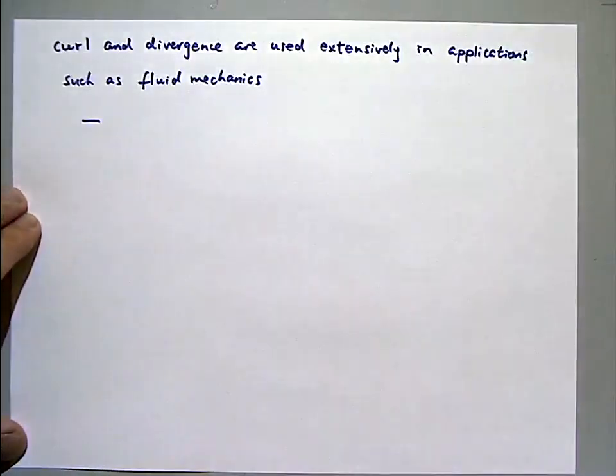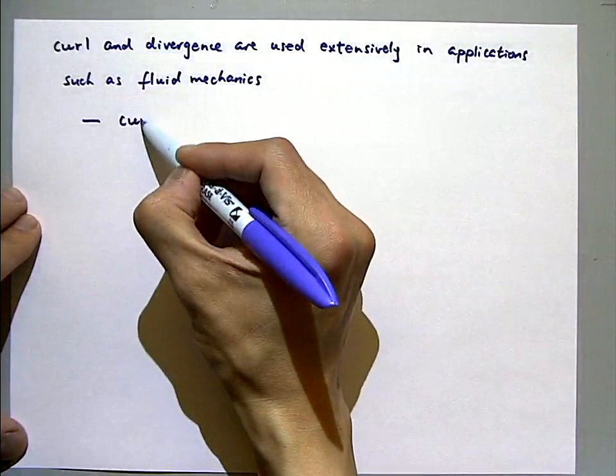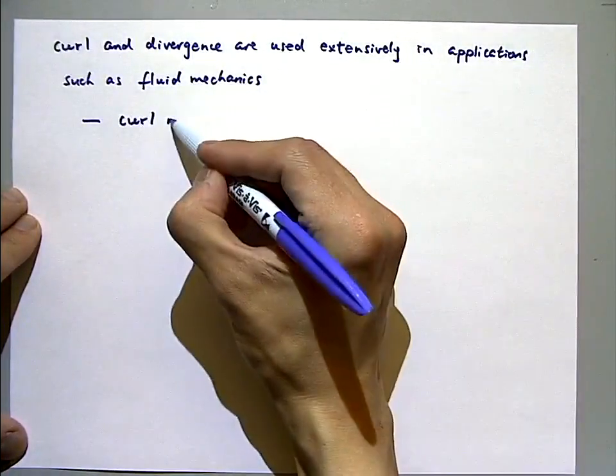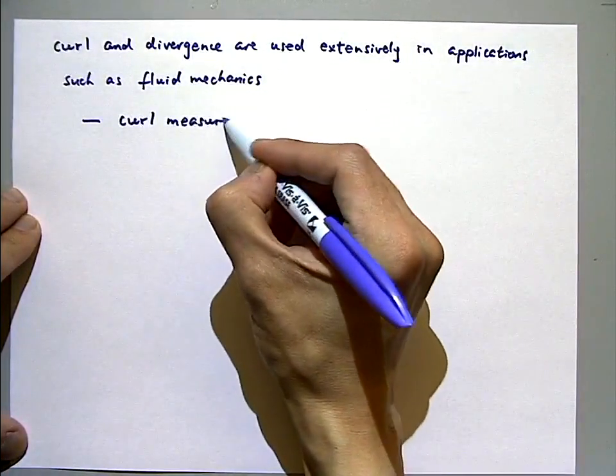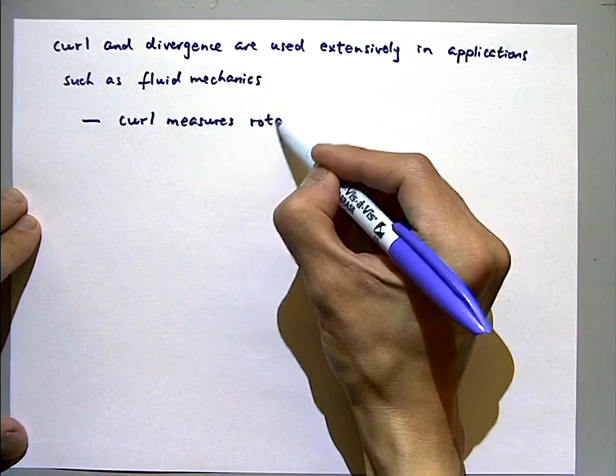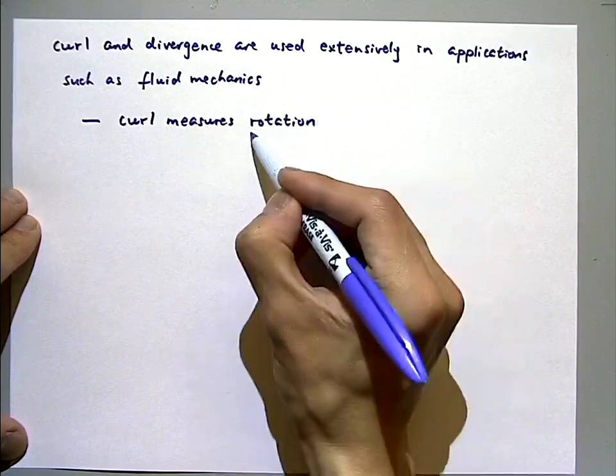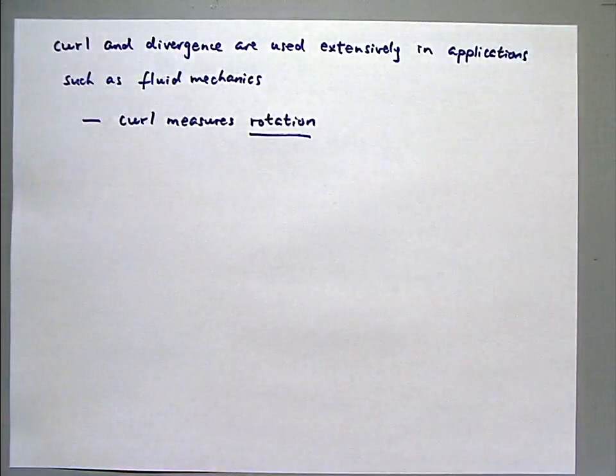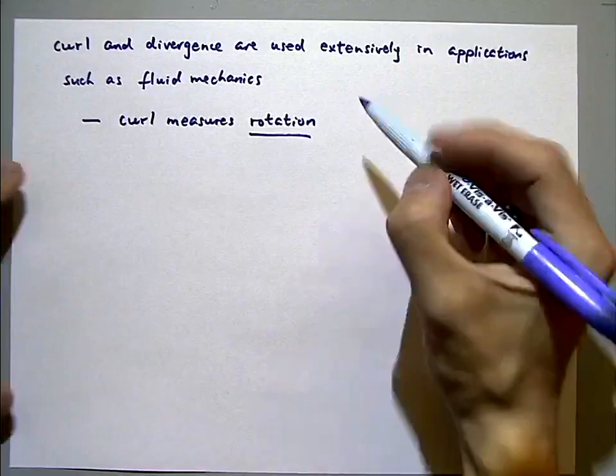In that context, curl measures rotation in the field. Just like the name implies, when you think of curl, you think of things curling around. And that's more or less what's going on here. Curl measures rotation in the field.